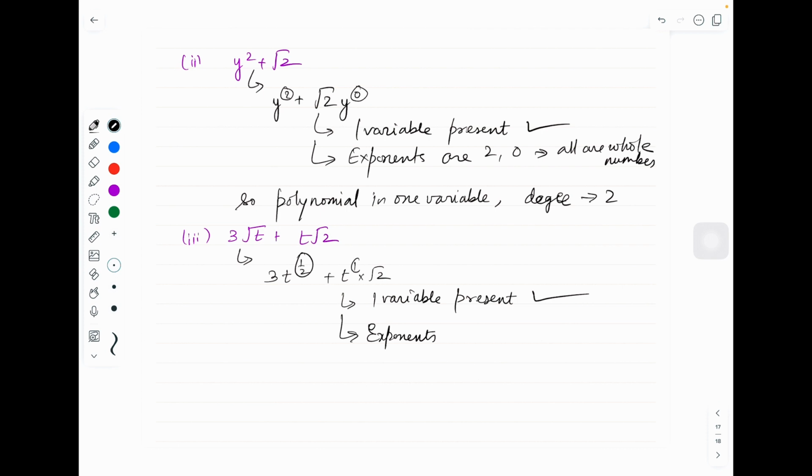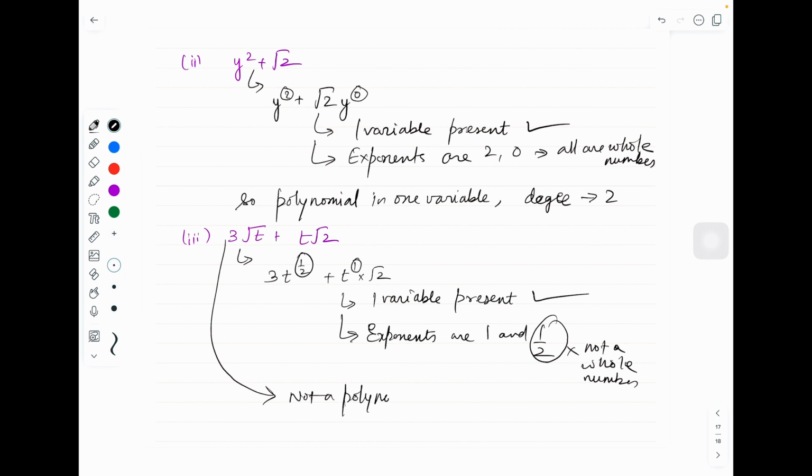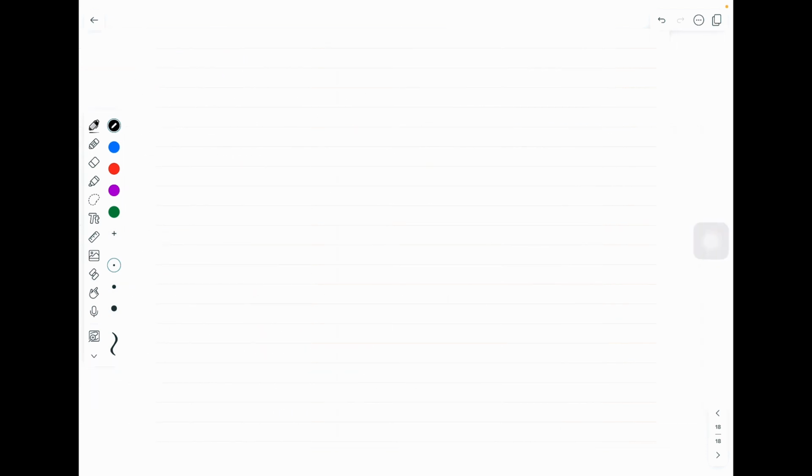Exponents are 1 and 1 by 2. 1 by 2 is not a whole number. So this one is not a polynomial in one variable. You are getting it? One of the exponents is not a whole number. So it is not a polynomial in one variable.